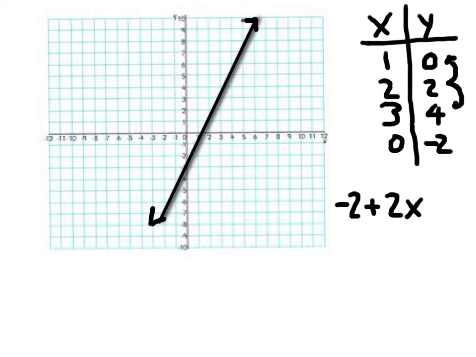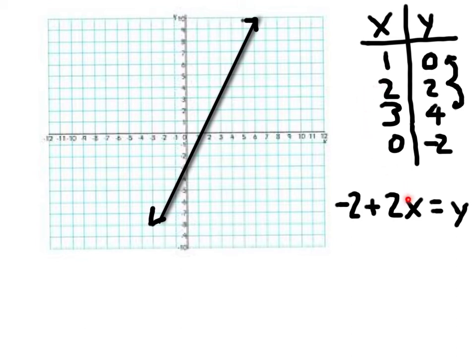So we'll know that negative 2 is involved in this equation somehow. Now it could be that negative 2 plus 2x equals y is our equation. Let's try that. x is 0. Negative 2 plus 0 does equal negative 2. When x is 3, 2 times 3 is 6. 6 minus 2, or 6 plus negative 2, is 4.